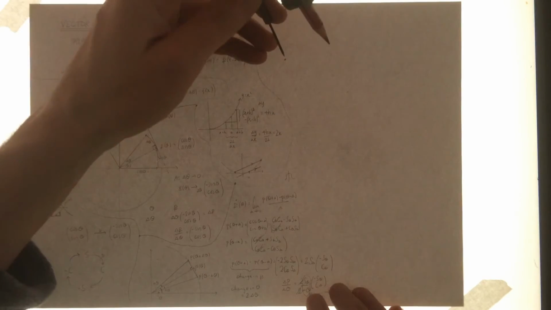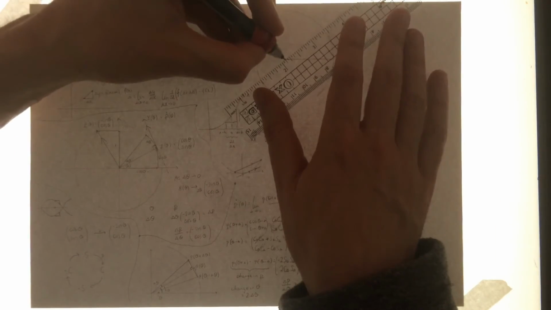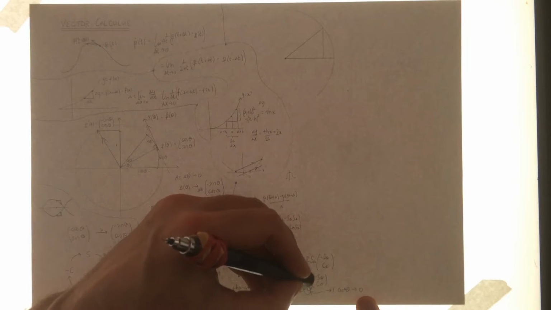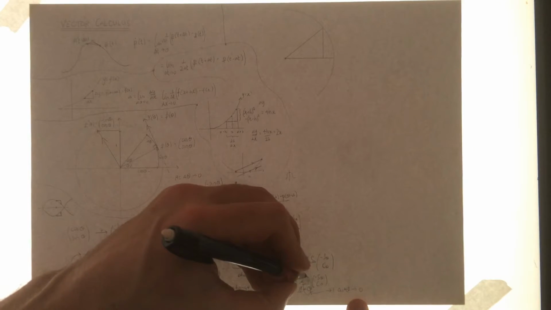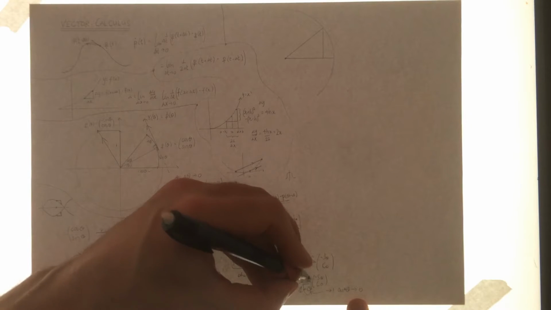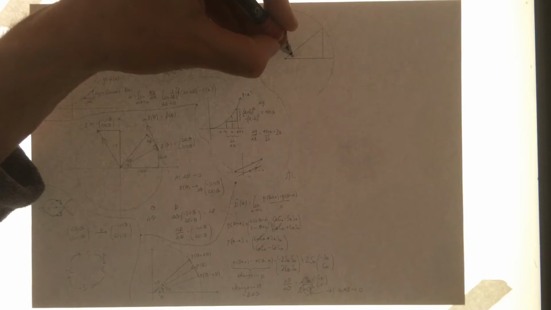So let's have a go at that. I've made a mistake here. This was sine of delta theta. So here's our delta theta.